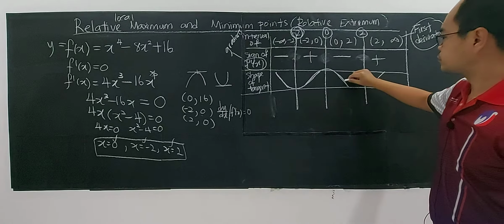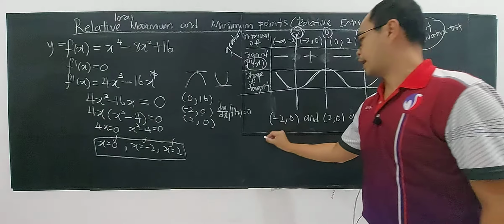Negative 2 and 2 are relative minimum points. Negative 2, 0 and 2, 0 are the relative, or sometimes the books use the term local, relative minimum points. Okay, a statement here.